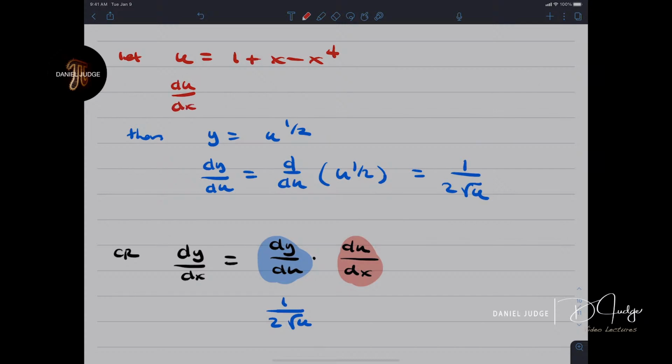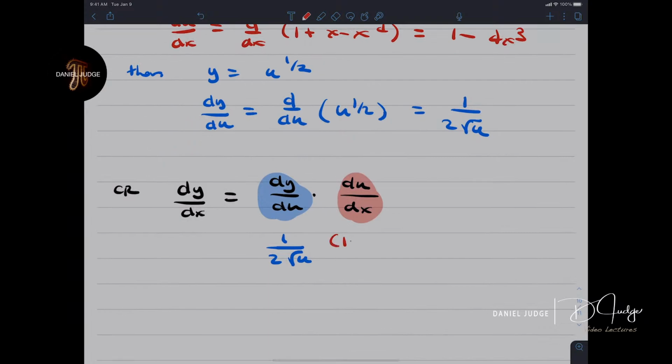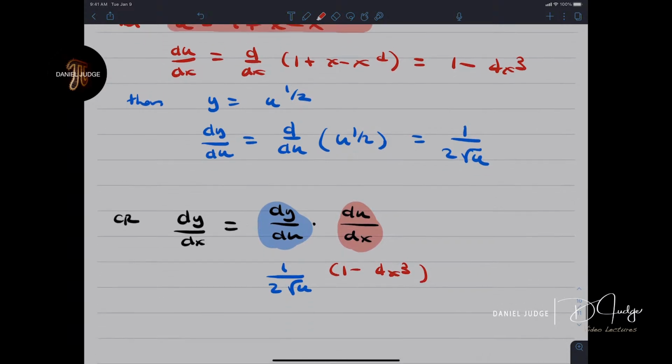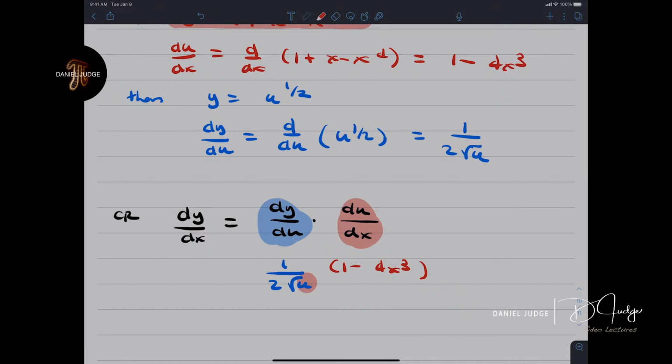Du dx is d dx of 1 plus x minus x to the 4th power, which would be 1 minus 4x cubed. So this portion is 1 minus 4x cubed. But don't forget what your u is. 1 plus x minus x to the 4th power. That gets replaced down here.